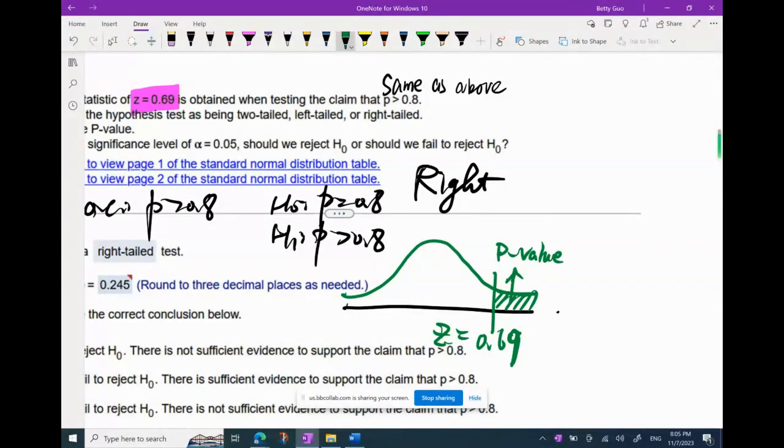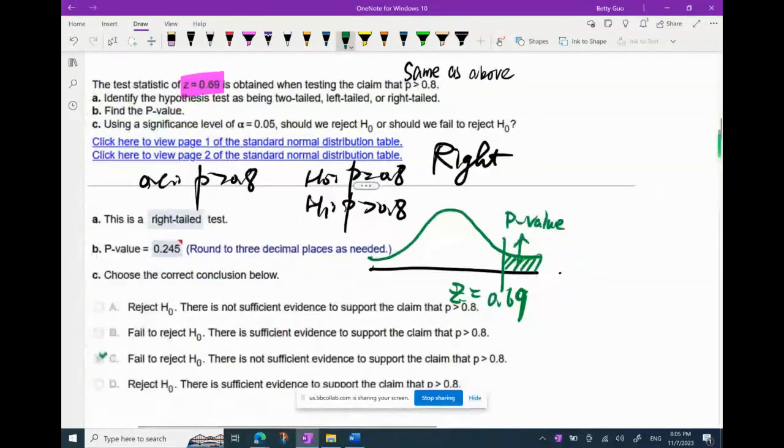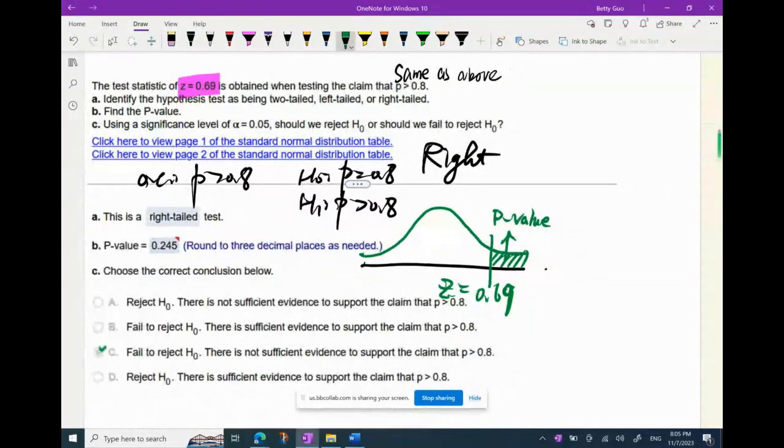We have done that twice earlier. So the function we are going to apply is normal CDF. The lower is going to be 0.69. The upper is going to be positive infinity.